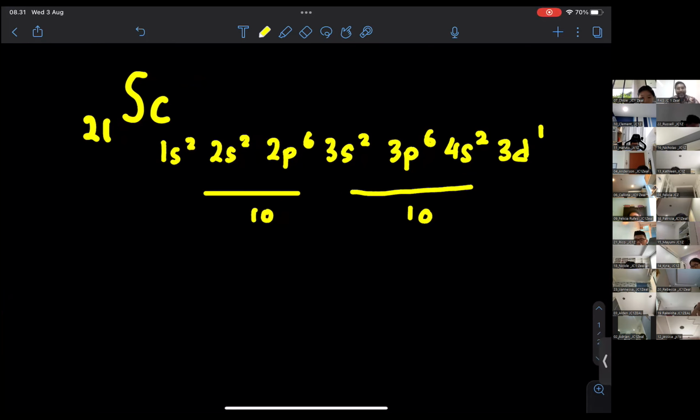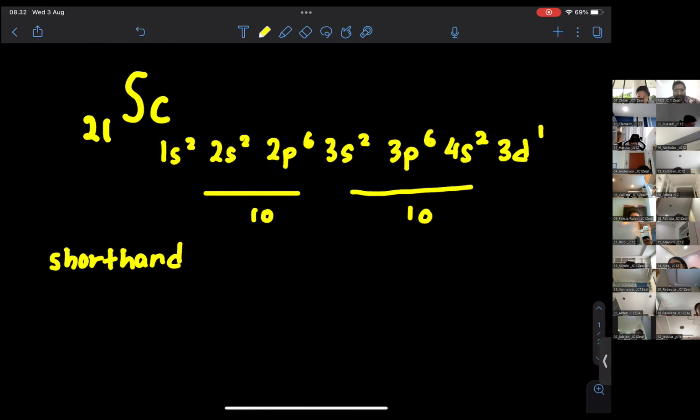Now, I also mentioned that you can write it in terms of the shorthand rule. The shorthand rule is applied using the group 18 elements, not helium, as we mentioned the other day. We don't use helium, but you can use neon, argon, and so on to write down your shorthand configuration.